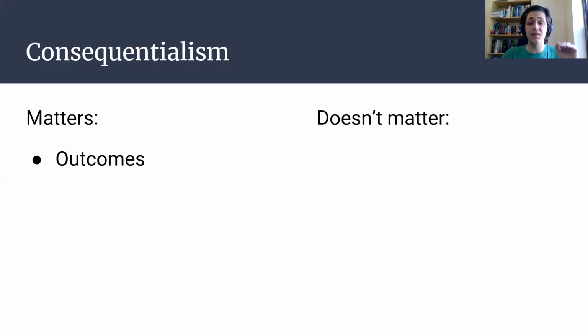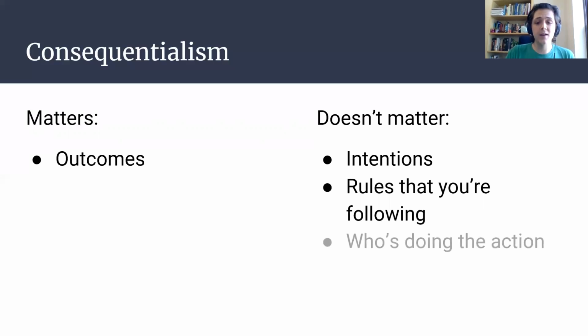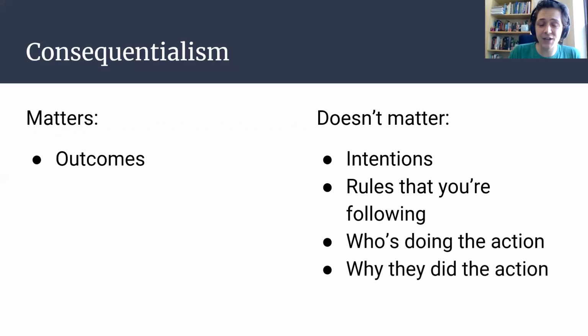So that means in the doesn't matter column, we have intentions, the rules that you're following, who's doing the action, why they did the action. None of that matters. All of that is in the doesn't matter column for the consequentialist. The only thing that matters in deciding whether something was morally good or morally bad is what outcome it had, what effect on the world it had.